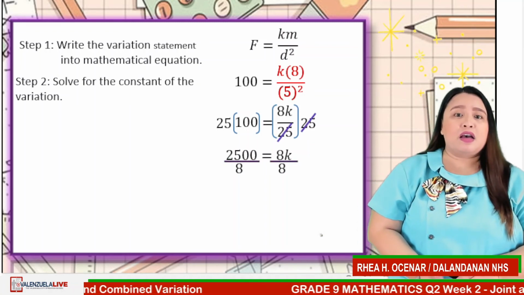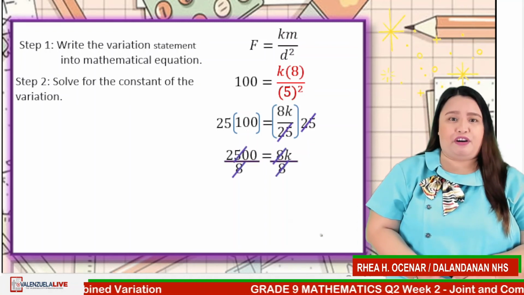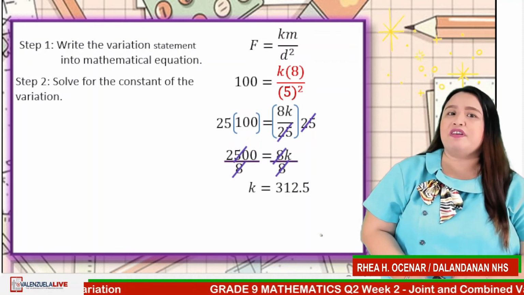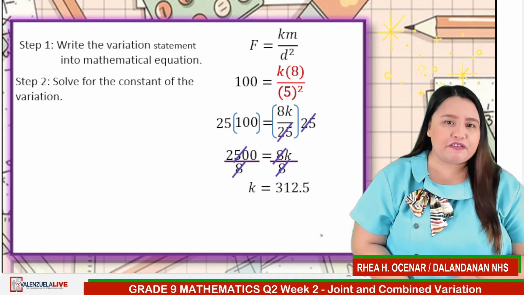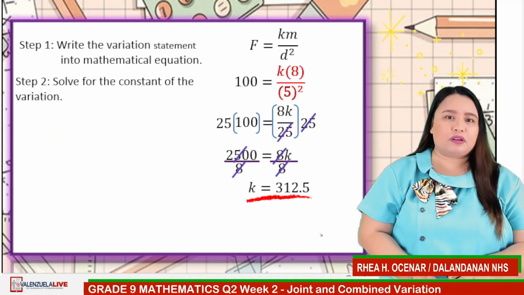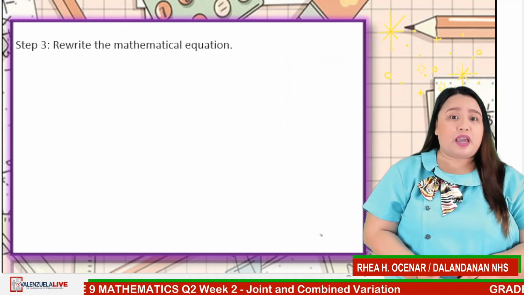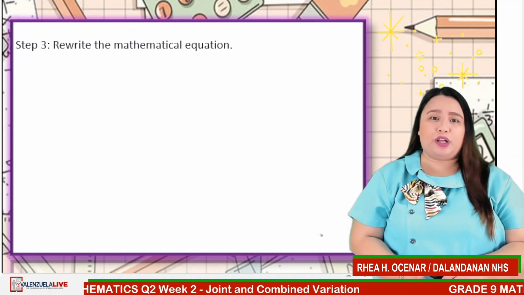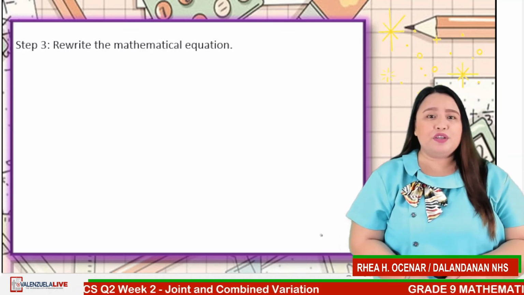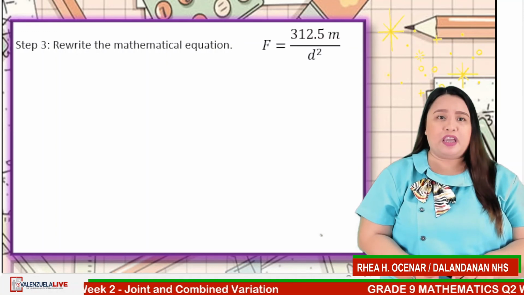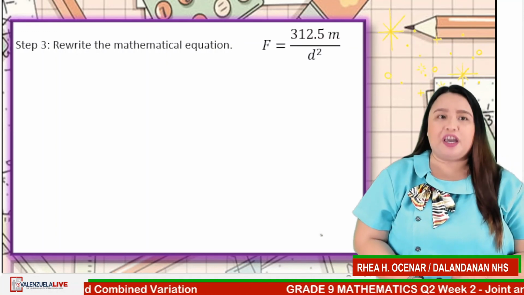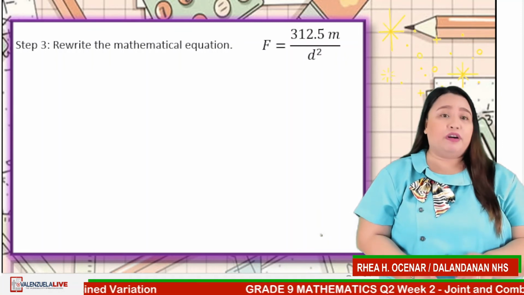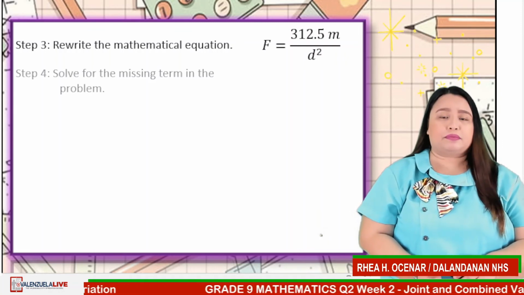Applying the multiplication property of equality, we have k is equal to 312.5. Since k is equal to 312.5, our new equation now will be F is equal to 312.5 m over d squared.